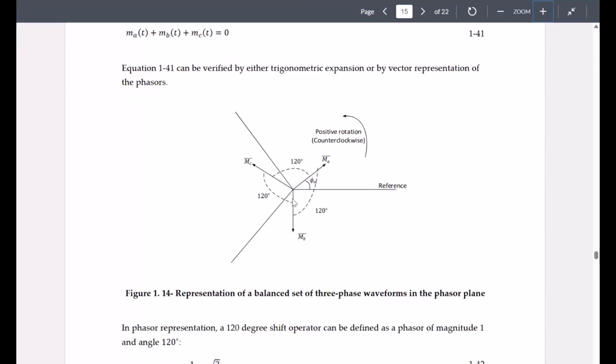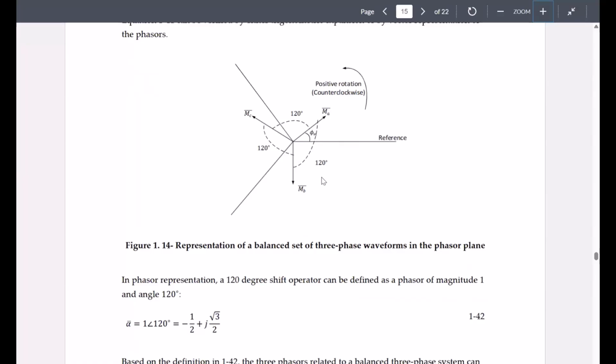When we say MB is behind MA, it means that you have to travel positive 120 degrees counterclockwise to reach MA. And when you say that MC is ahead of MA, or in other words, MA is behind MC by 120 degrees, it means that with respect to counterclockwise rotation, you have to travel another 120 degrees to reach MC from where you are at MA.